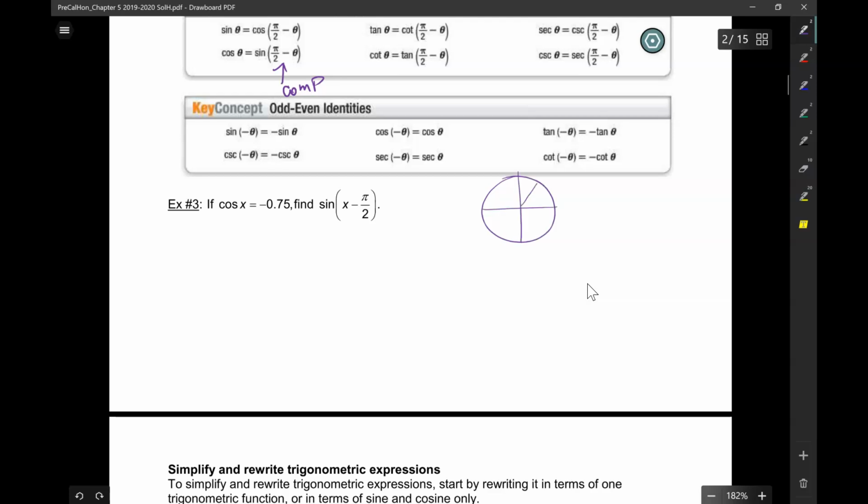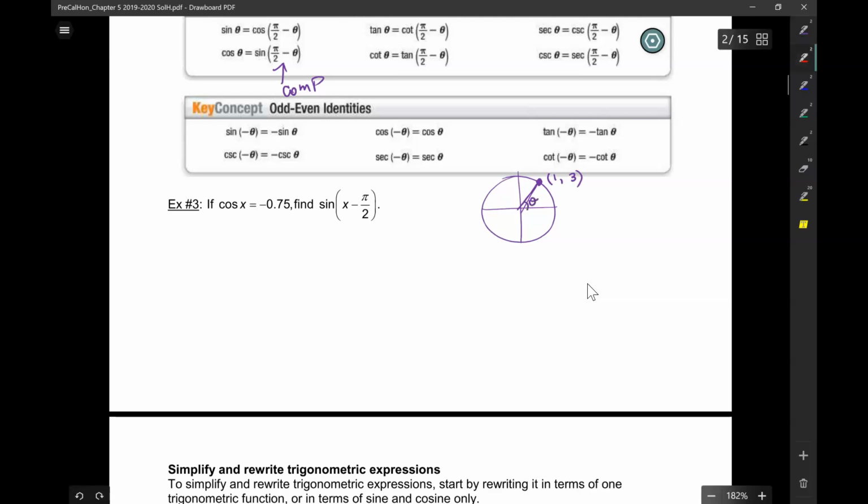If I have an angle here, could (1, 3) be a possible coordinate for where this angle intercepts the unit circle? It can. X is 1, y equals 3. It might not be a special angle, but there could be an angle that hits it at (1, 3). Okay, so that's theta.